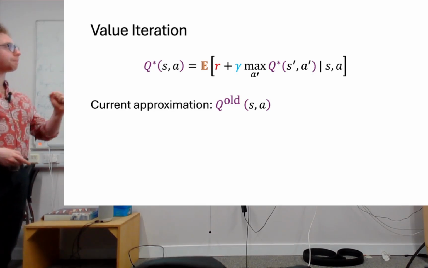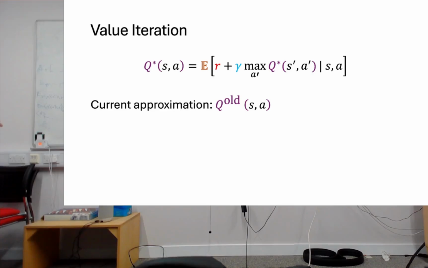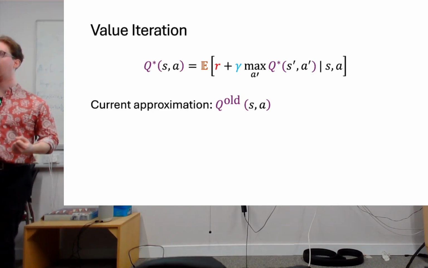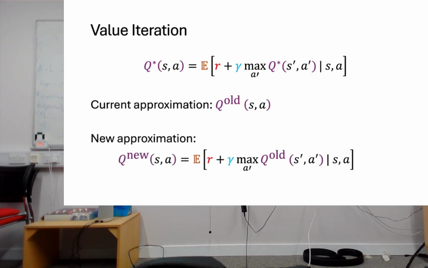I want to make Q old better. I'm going to form a new approximation by turning this equation into an update rule. How am I going to do that? I'm going to say the new value approximation will be this, where I plug in my old value approximation for Q star.